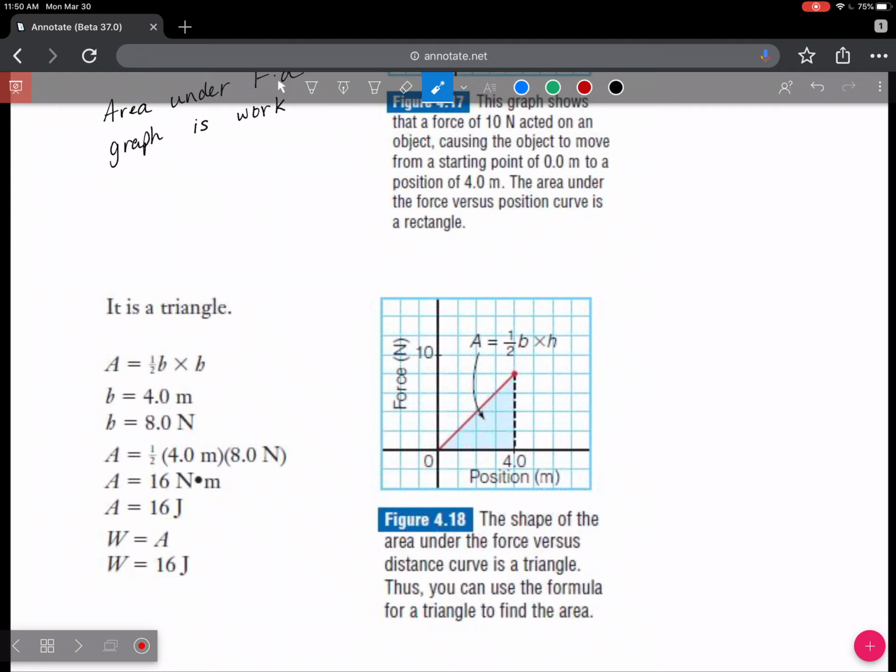The shape we end up with as we shade from the curve down to the x-axis is a triangle. The formula for the area of a triangle is 1/2 base times height, with the base being 4 and the height being 8. We calculate 16 Newton meters, which is 16 joules. The work is the area, the work is the same, 16 joules.